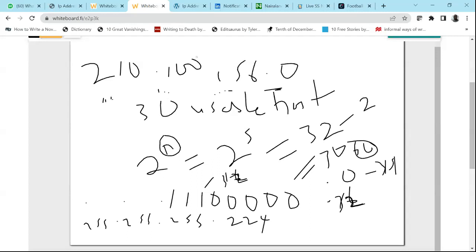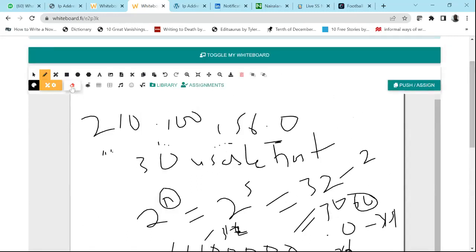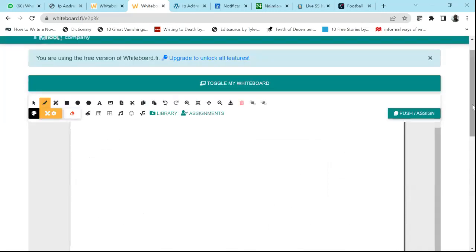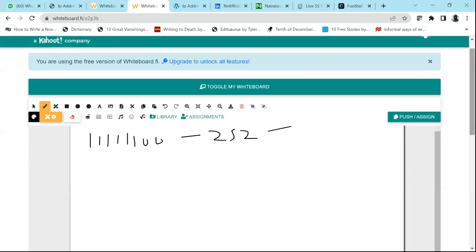So if you follow this, you begin to see a pattern. And by the time you see the pattern, my brothers, there will be no need for you to subnet. You'll find out that 1, 1, 1, 1, 1, 1, 0, 0 is 252 and has an incremental value of 4.